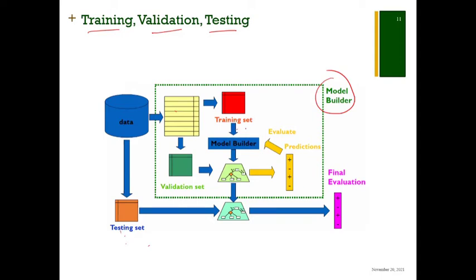So you have the training set. In the model builder, your algorithm is being built now to become a model. Like I explained one time, when you have algorithm plus data, in the training process, it generates what we call a model. So the model is the outcome of the 2 when you mix them together in the appropriate manner.